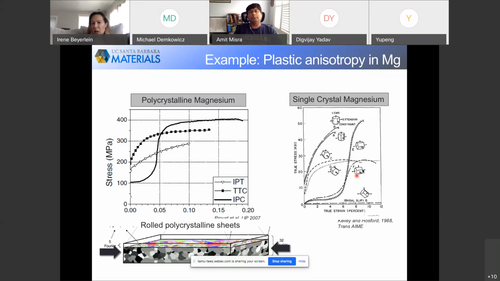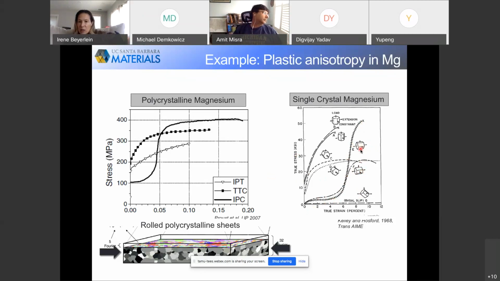I show here also this case of single crystal magnesium. You see qualitatively similar behavior between that and the polycrystalline material. In these 2 cases, this is a complicated confined compression test on a single crystal. This is a tension along the C-axis.